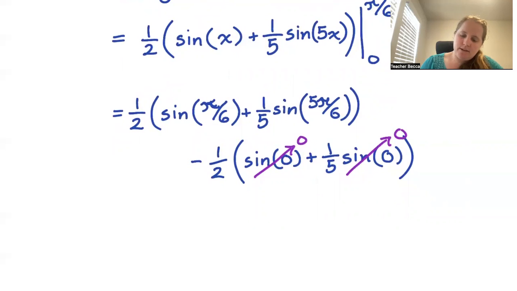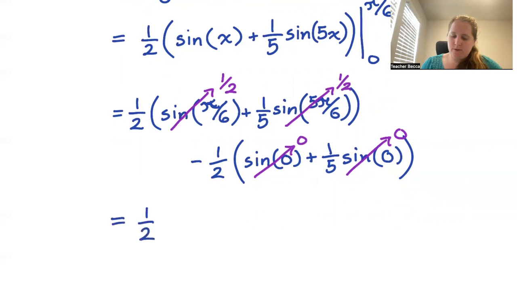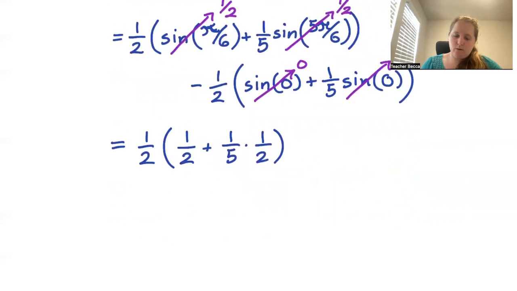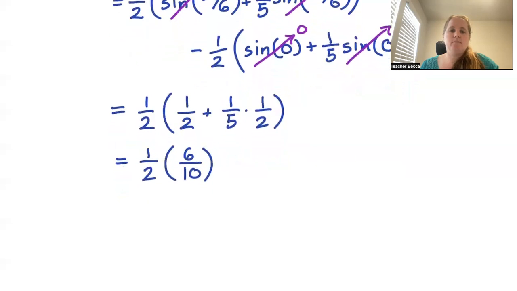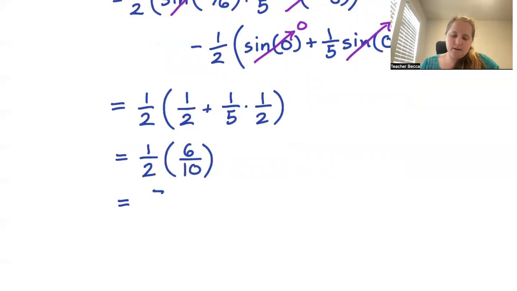Sine of pi over 6 is 1/2. Sine of 5 pi over 6 is also 1/2. So we are just looking at 1/2 times, in parentheses, 1/2 plus 1/5 times 1/2, or 1/2 times 1/2 plus 1/10, which is 6/10. And we wind up getting 3/10 for our definite integral.